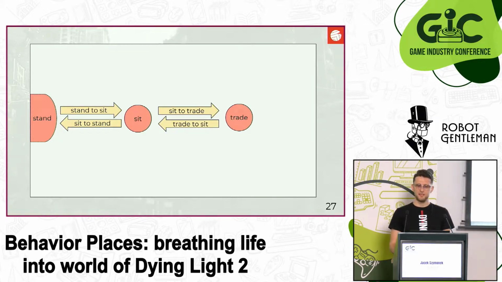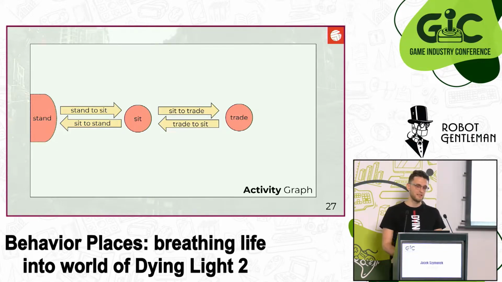And as you can see, our configuration can be represented as another type of graph, which we call the activity graph. In here, every element represents a dedicated animation. The activity animations are represented as graph states, and the transition animations as, well, graph transitions. These activity graphs are part of the behavior place definition created by animators.